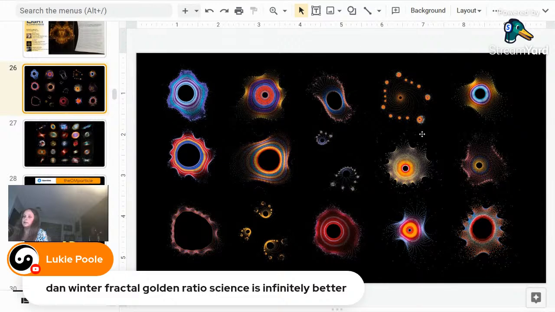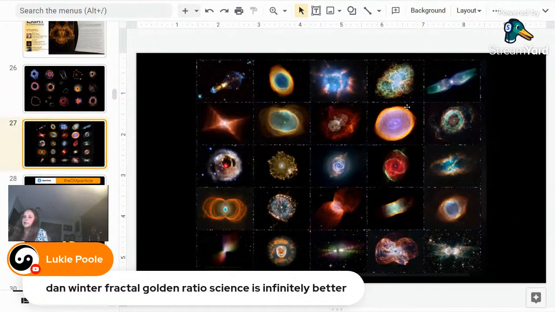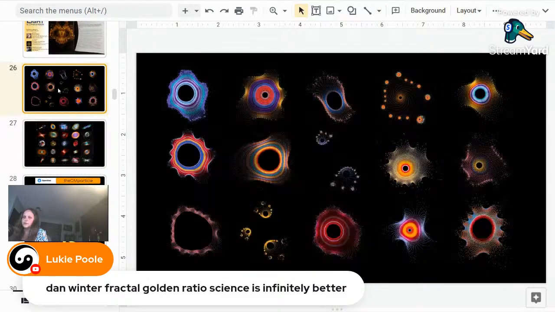I've generated things that look like galaxy clusters and things that look like the Stingray Nebula. These are actually real galaxies and nebulas, and you can see that there are a lot of similarities. If you really want to understand nature, you can't ignore the fractal.